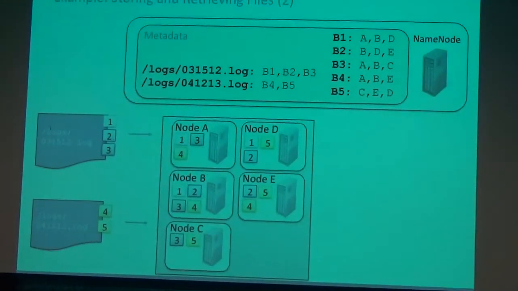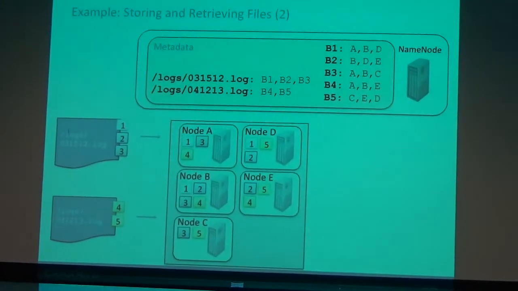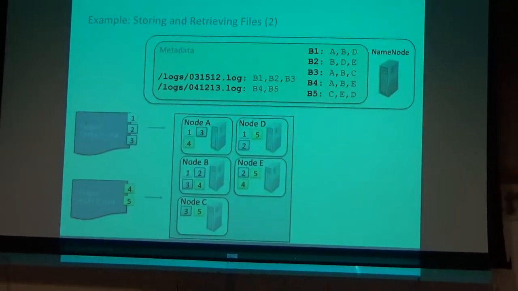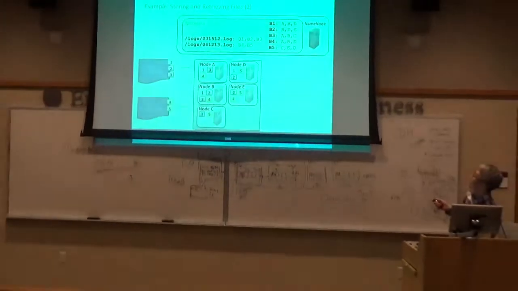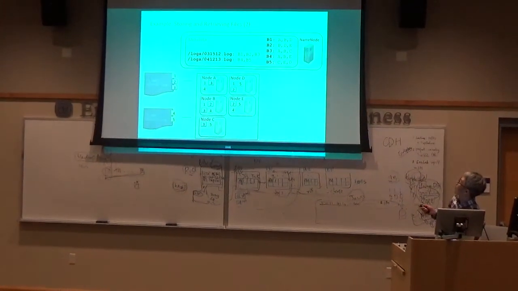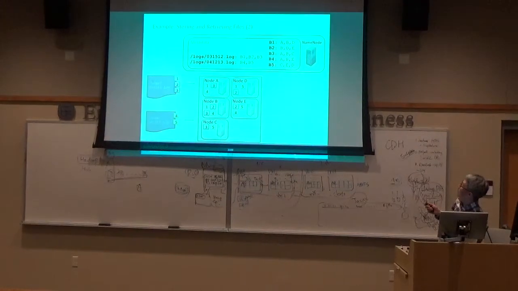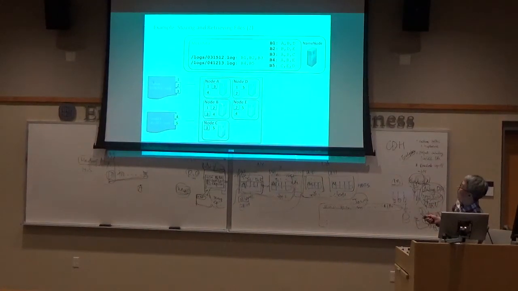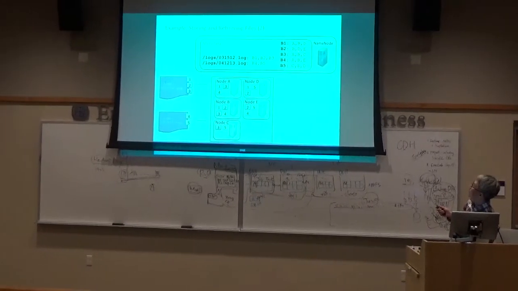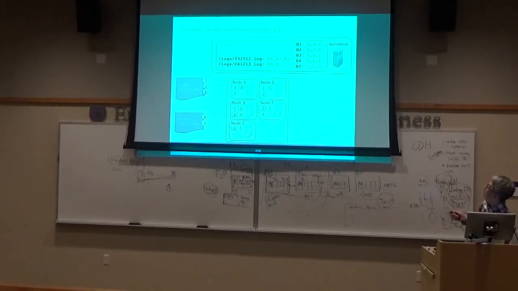I will explain that later. This slide shows an example of how to store the data. This file has 5 blocks. B1 is in nodes A, B and D. B2 is in B, D, E. This file is in blocks B1, B2, B3, and the next file is B4, B5.